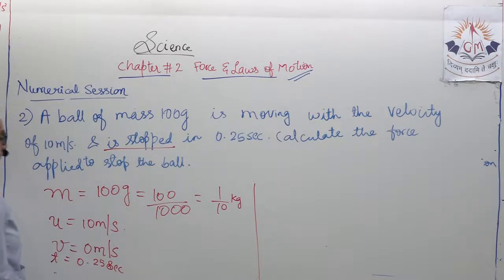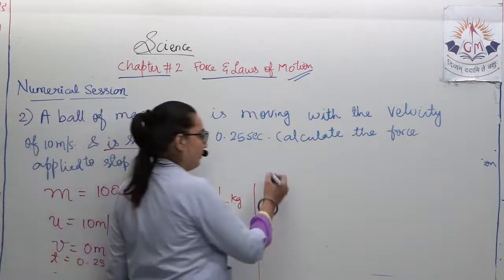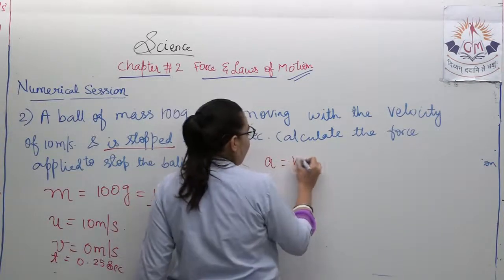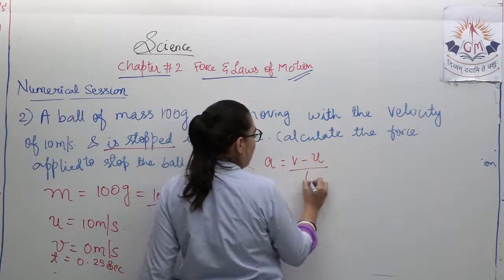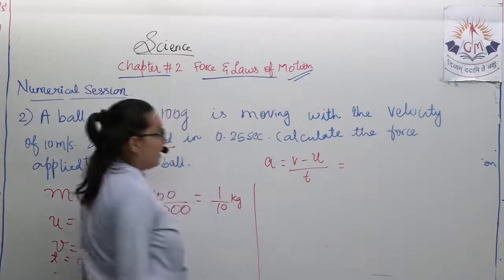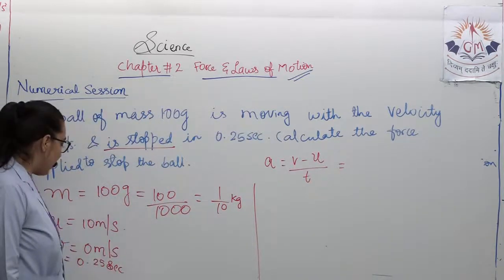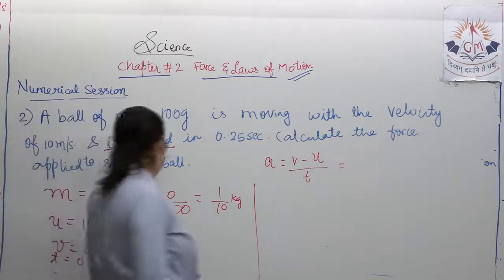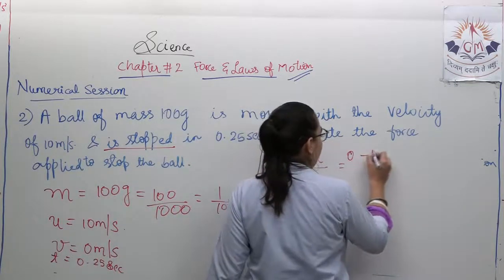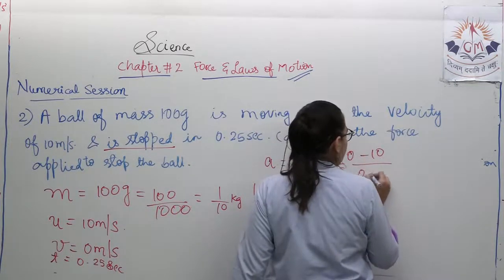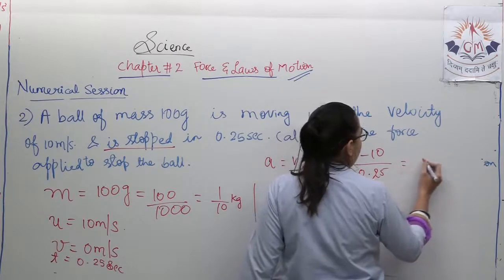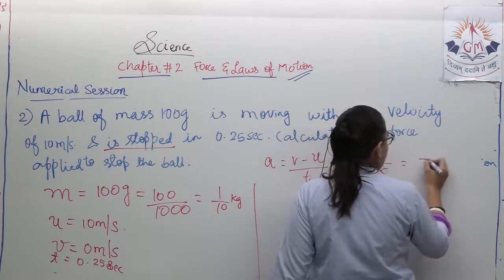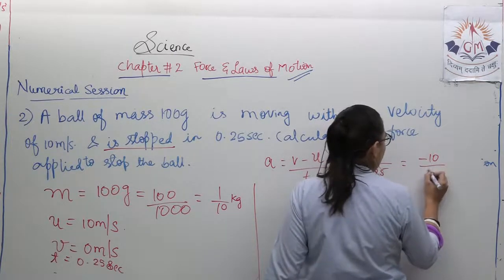First, we need to find out the acceleration. What is acceleration? Change in velocity upon time, which is final minus initial upon time. Final is 0, initial 10, time is 0.25. That is minus 10 upon 0.25.